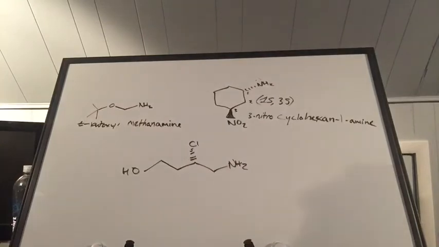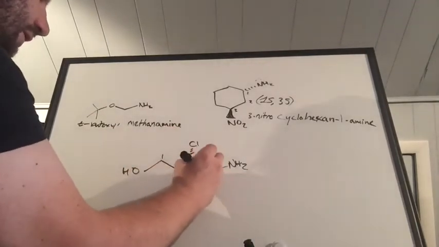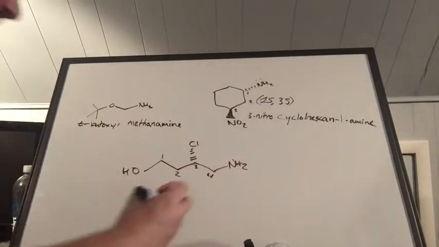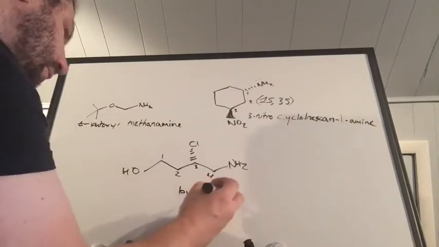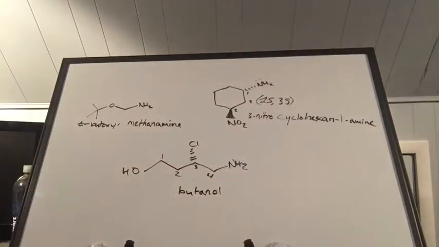So if we were to do 1, 2, 3, 4, that would be a butanol, right? So we have butane, scratch the E and add OL, okay?